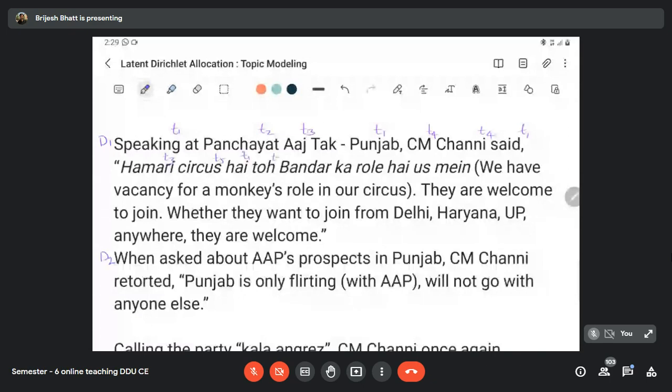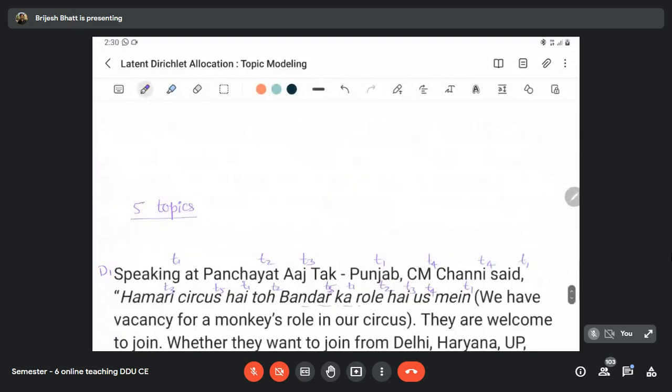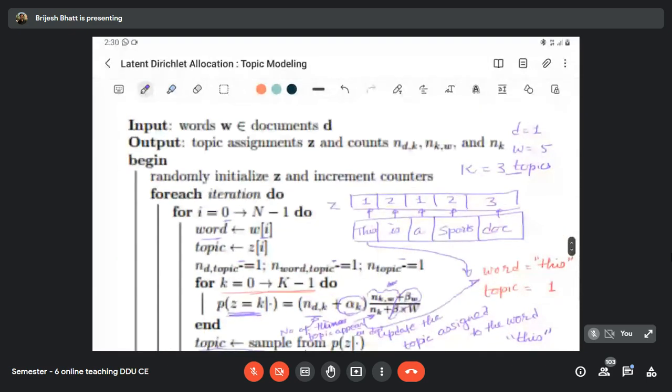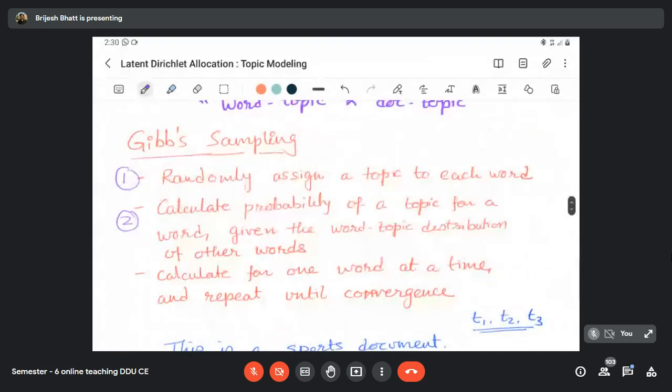I start assigning topics to words like this, for all the words. So that is the first step, as we mentioned here: randomly assign a topic to each word.